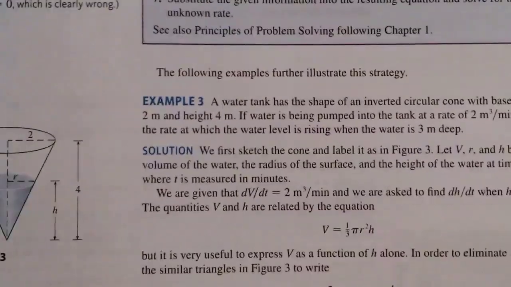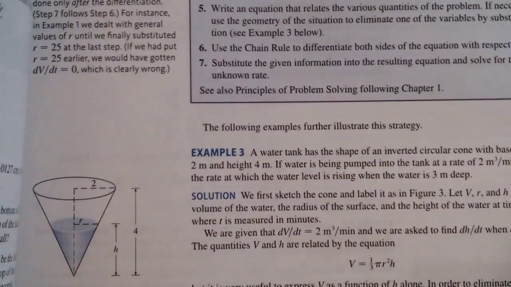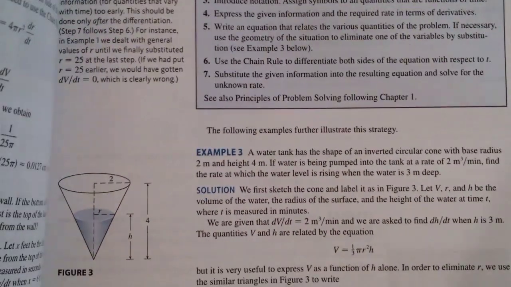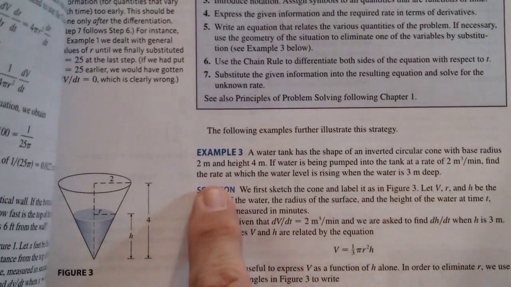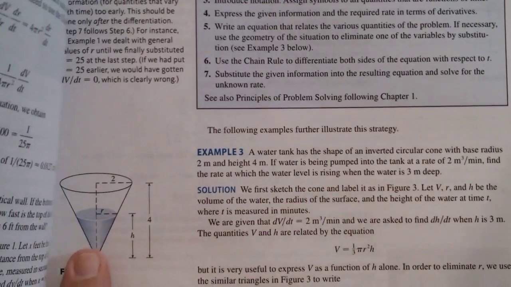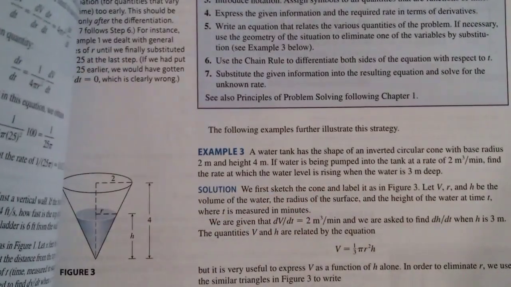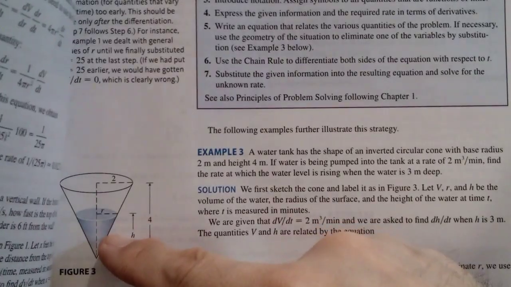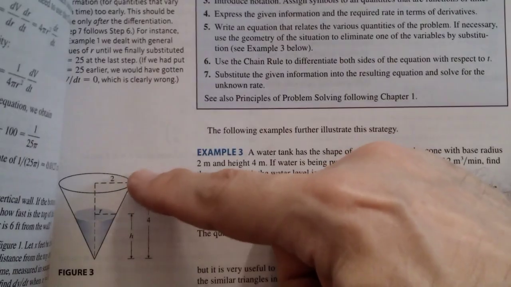And what we're asked to find out in this problem, I know I'm pouring water into this tank at a given rate. Find the rate at which the water level is rising. How fast is it going up? If you put in the same amount of water when we're down here, you're going to get a lot larger of an increase than when you put it in up here, aren't you?